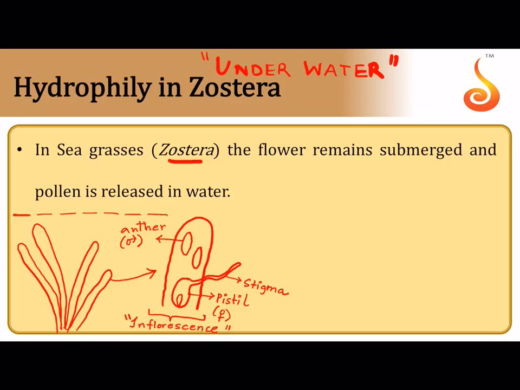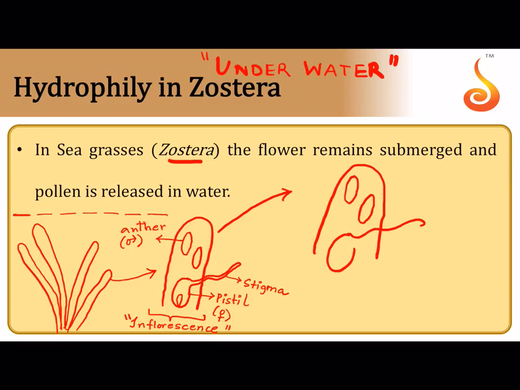So now let us see how pollination happens. Let me again draw the inflorescence. So this is the anther. Let me show two anthers, and let me show one pistil with an elongated stigma with the ovule sitting inside. Now what happens is the anther will break open.